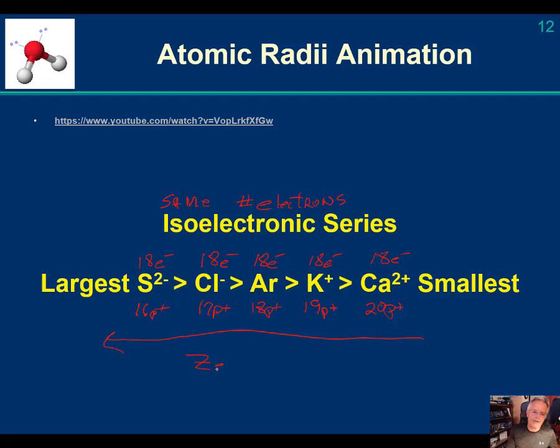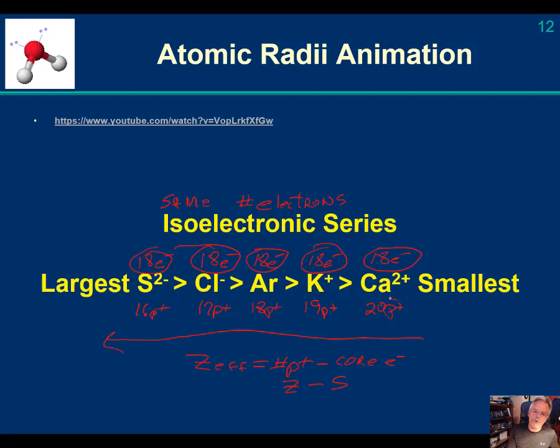The effective nuclear charge is equal to the number of protons, which we call Z, minus the number of shielding electrons, and that's just the electrons that are in the core, the ones that are in the way. If it's got 18 electrons for each one of these species, they all have exactly the same electron configuration. They have the electron configuration of argon.